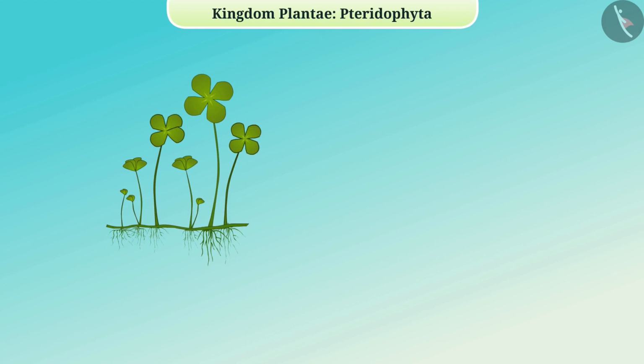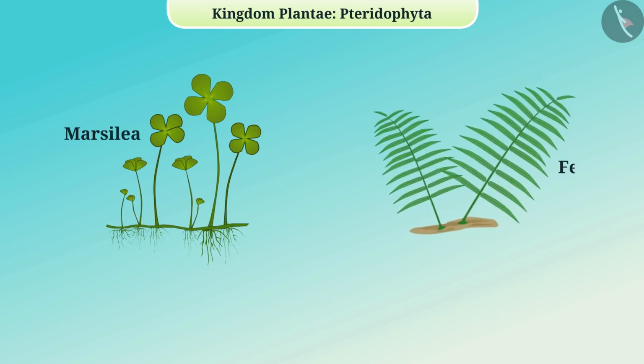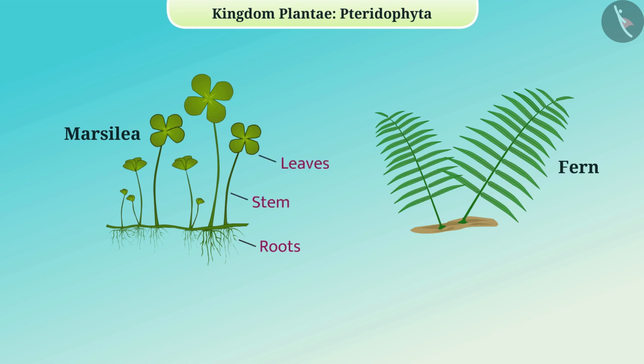Plants of the type Marsilea, fern, etc. are included in Pteridophyta. This class of plant kingdom consists of all those plants whose body develops completely into roots, stems and leaves. That means their body is completely differentiated.